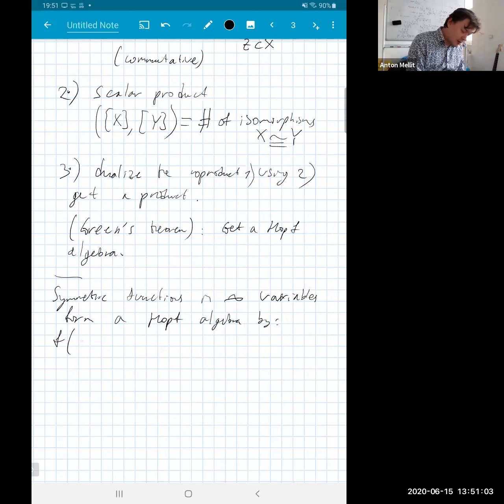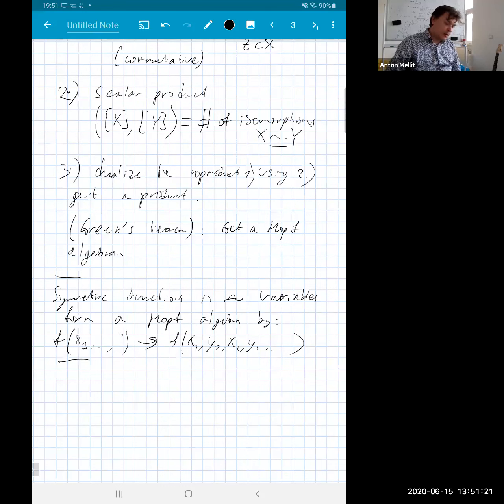So you can send function f of x1, x2, and so on to f of x1, y1, x2, y2, and so on. And you get two copies of infinitely many variables. And that's how you get a Hopf algebra. Okay, and you can see that, again, it is a commutative, co-commutative Hopf algebra.